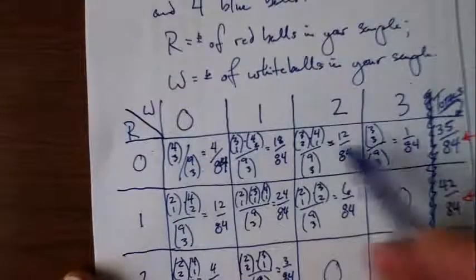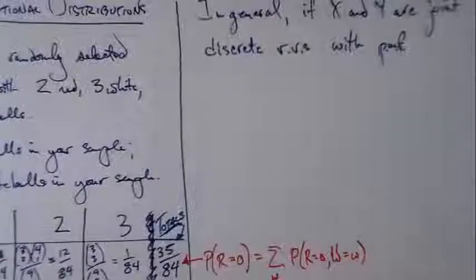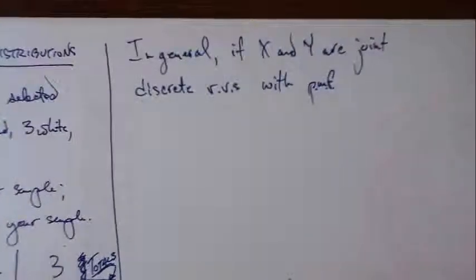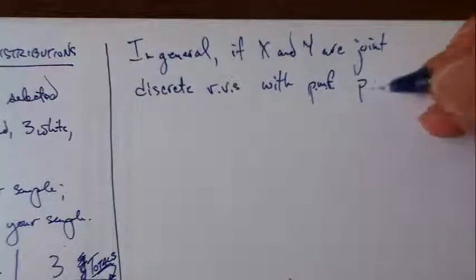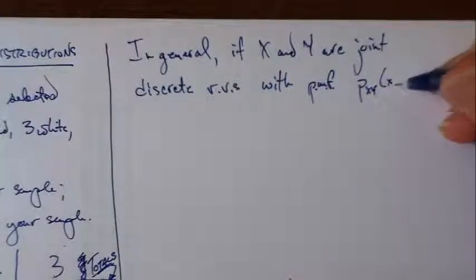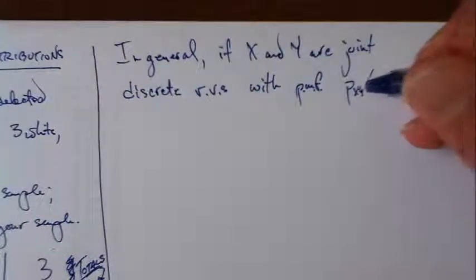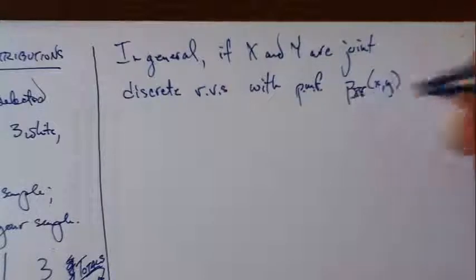This is our probability mass function for the joint random variables there. It's got probability mass function, say, call it P. Okay, these are little, these are big.